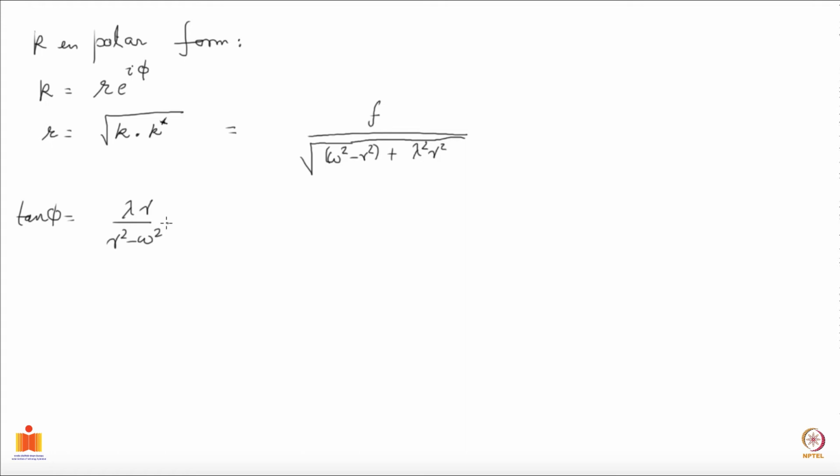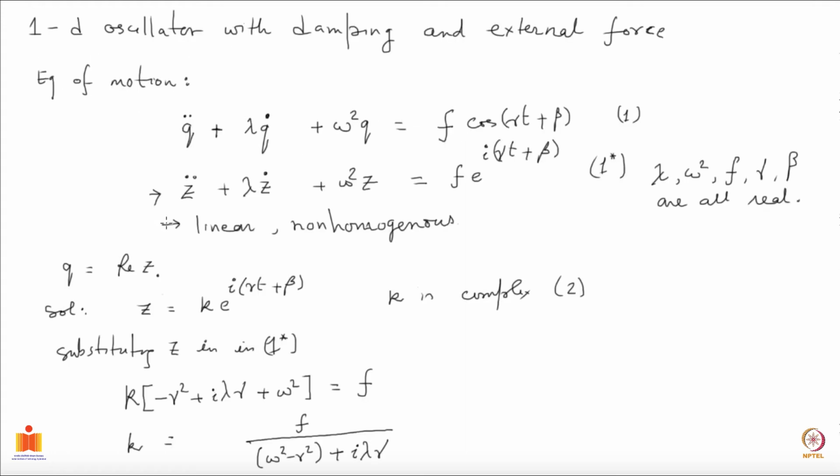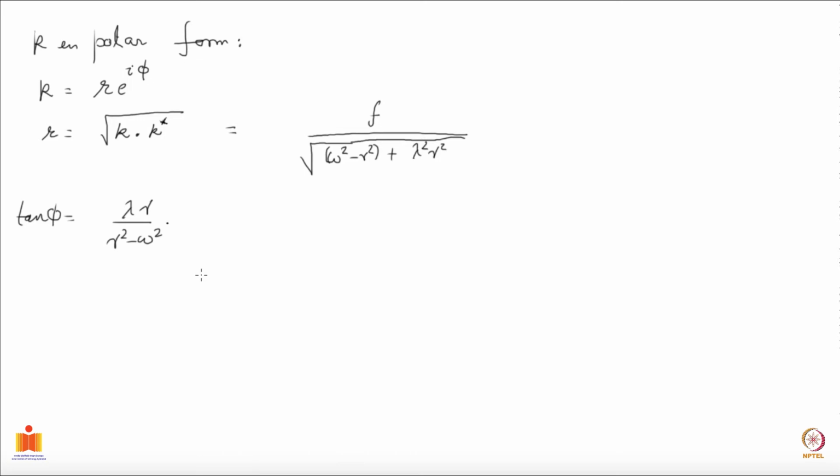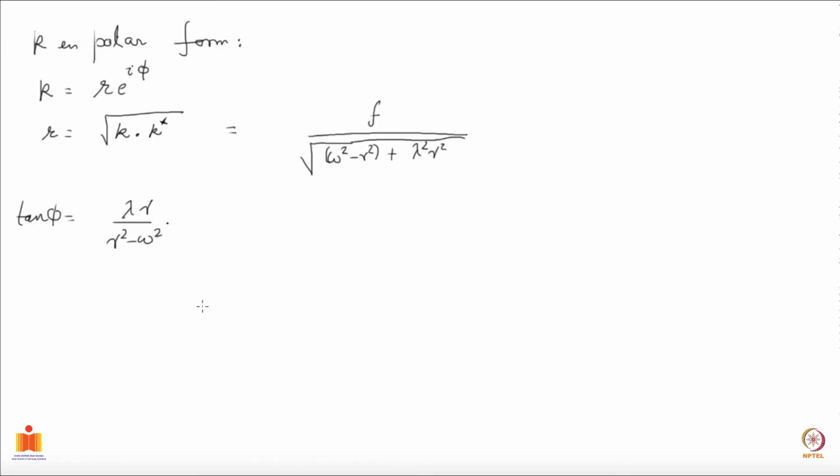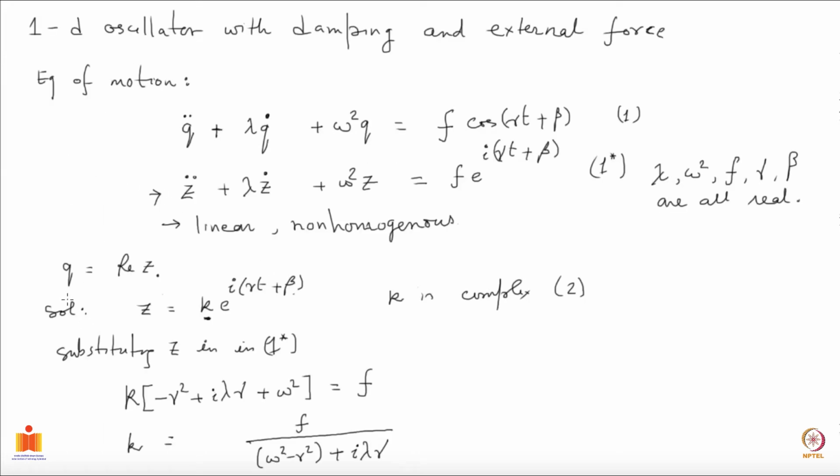So where were we? Real part of z, that's correct, and this is fine. So here I have to put in k in the polar form and combine with this. So I have here e to the i phi, so that phi goes and sits in the exponent together with beta, so the phase gets shifted from beta to beta plus phi, and the amplitude would be what you have here for r.